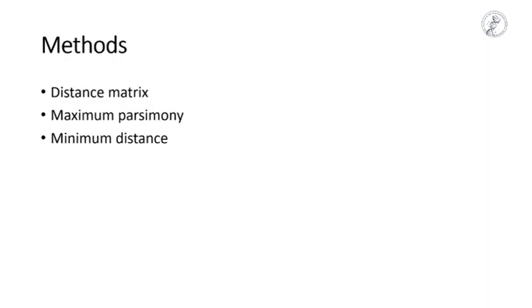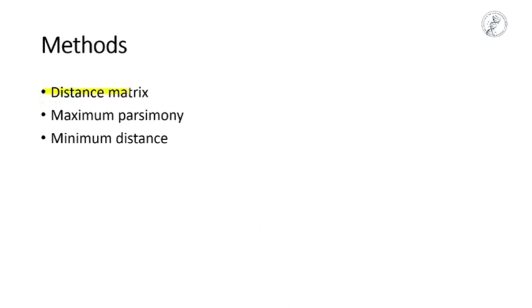There are different methods for constructing the tree. The distance based methods include neighbor joining as well as UPGMA trees, which are constructed by the distance matrix method, and then other trees are there, maximum parsimony trees and minimum distance trees.